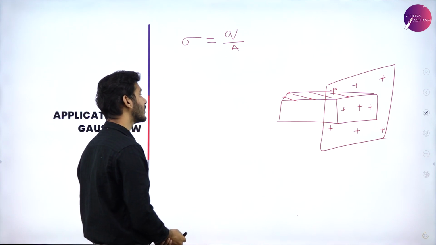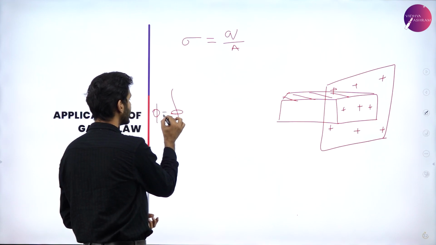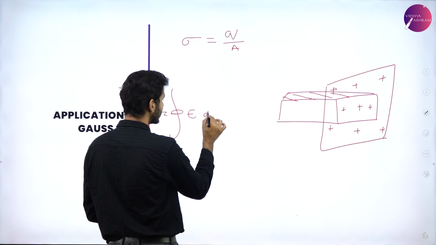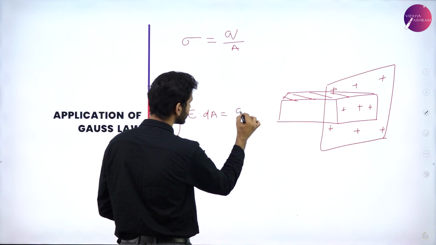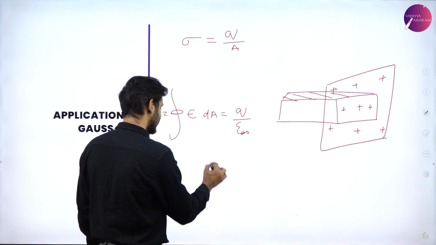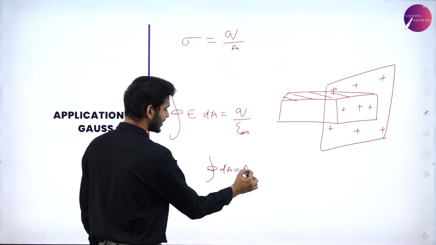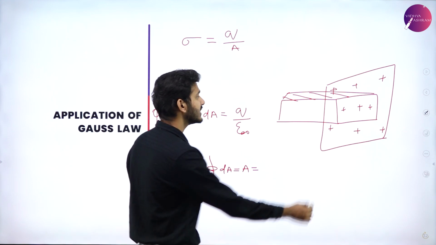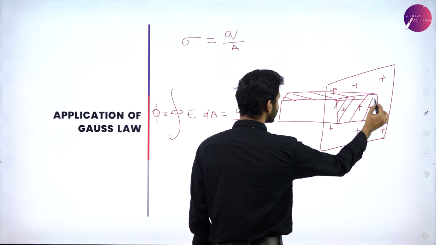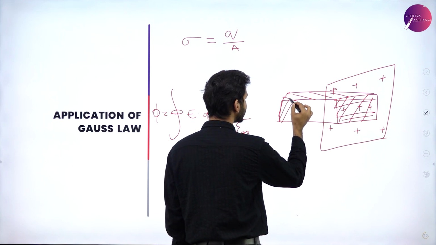And now we are going to apply Gauss's law, which states that phi is equal to the closed surface integral E dot dA is equal to Q by epsilon naught. And here the closed surface integral dA will be equal to A, which is nothing but this face, let's say this face and the face at the other end.